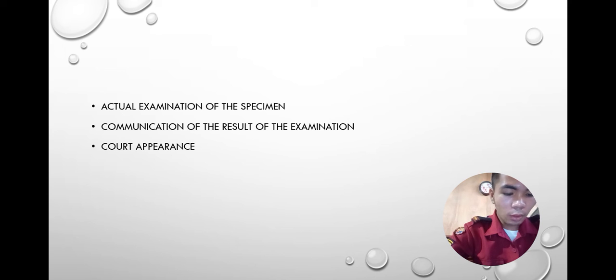It is not only permissible but indispensable that the chemist refresh his memory by referring to his laboratory record book before presenting himself in court.